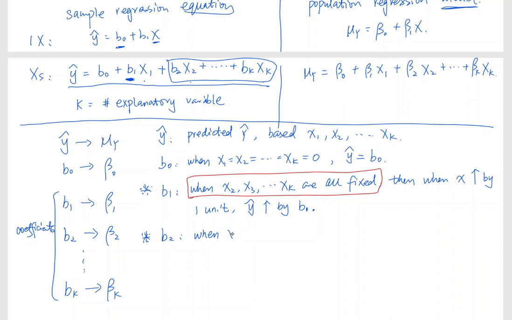That means when x1, x3 until xk are all fixed, then when x2 increases by 1 unit, y hat will increase by b2.